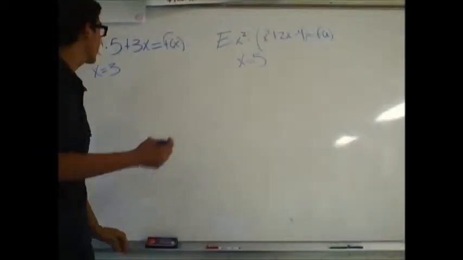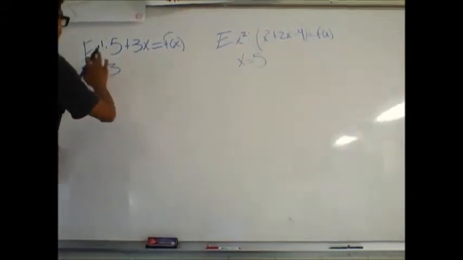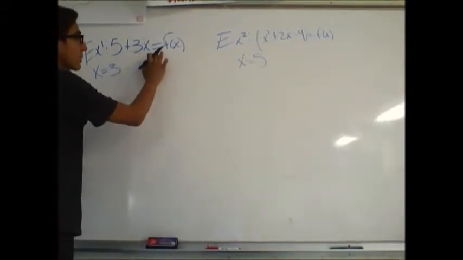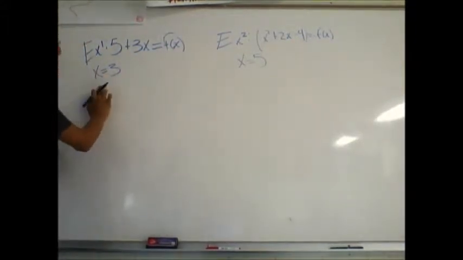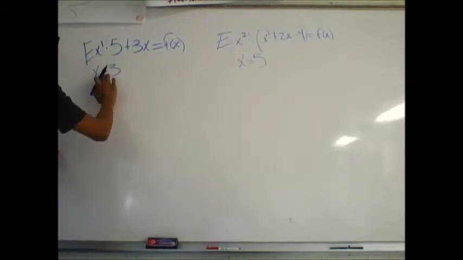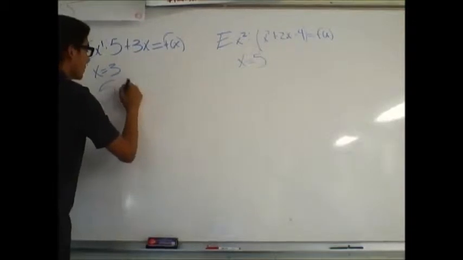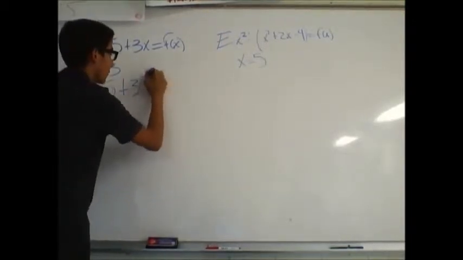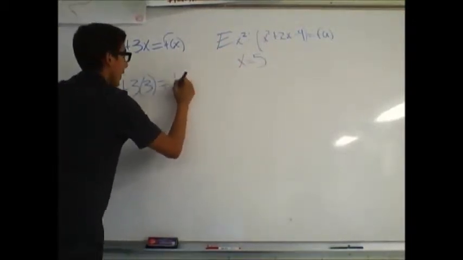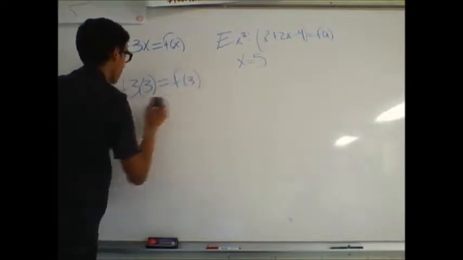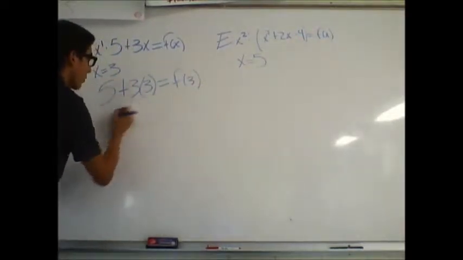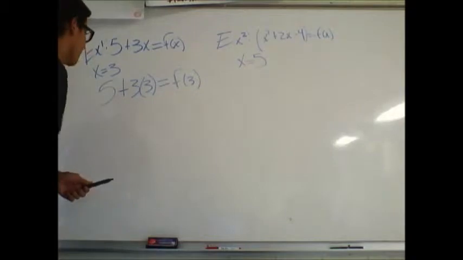So now we're gonna do some examples. We have example 1, x plus 3x equals f of x. We're gonna plug in 3 for x. So let me do that for you. X plus 3, and then plug in 3 for x equals f of 3. So we solve for that. Let me get my calculator.